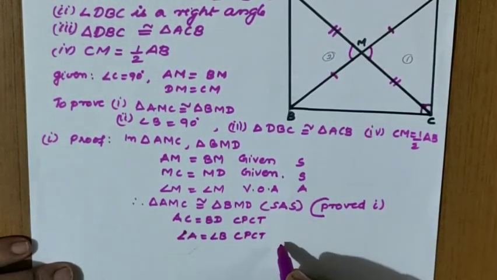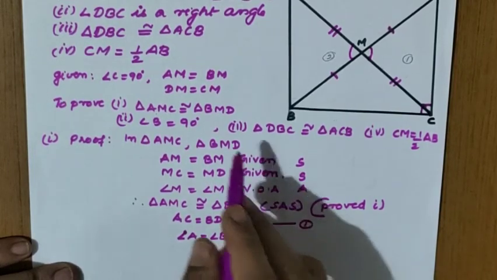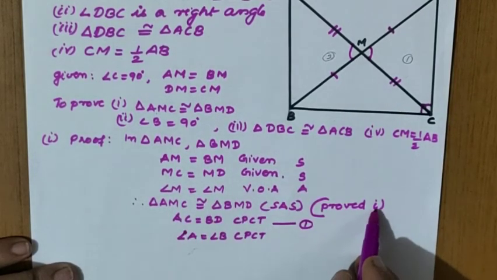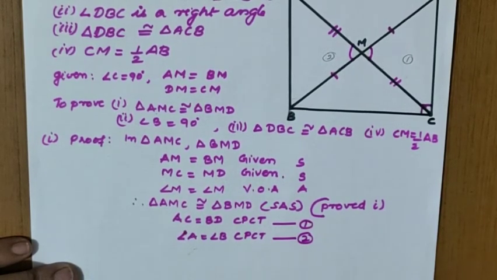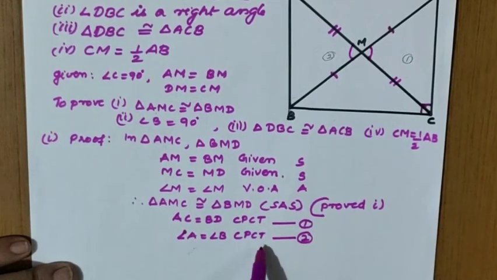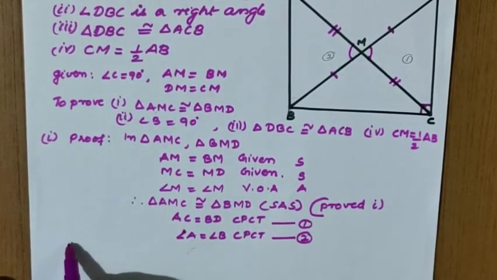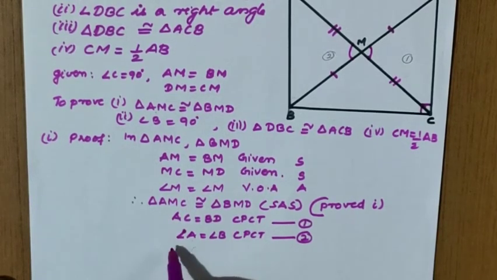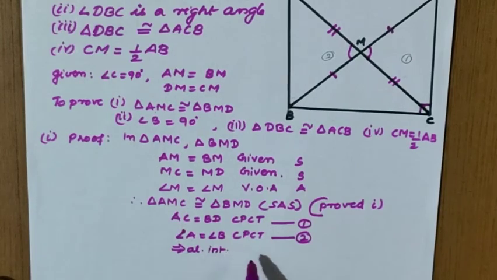Now by this CPCT we will write it as equation 1. We have not written it anywhere. This is proved 1 only we have written. So equation 2 will be useful for the next proof. Now by this angle A equals angle B, that is CPCT, what does this mean? This implies alternate interior angles are equal.